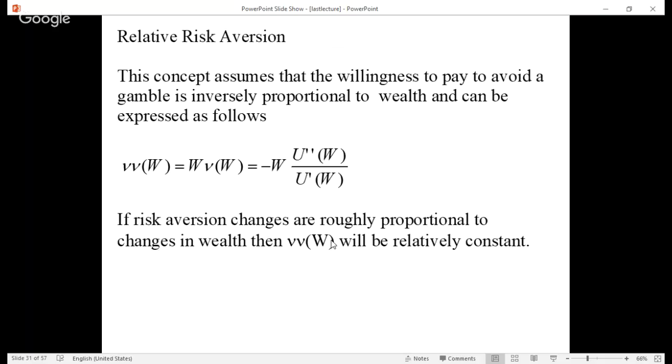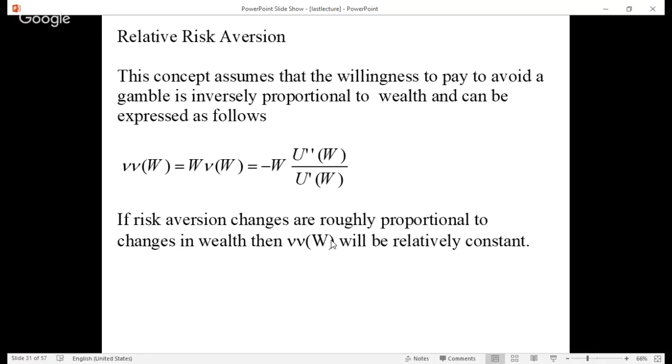Taking that Pratt risk aversion measure, I'm going to multiply wealth to it, and I'm going to call this relative risk aversion. This tells me how risk averse I get in proportion to my wealth. If risk aversion changes are roughly proportional to wealth, then my relative risk aversion measure will be constant.